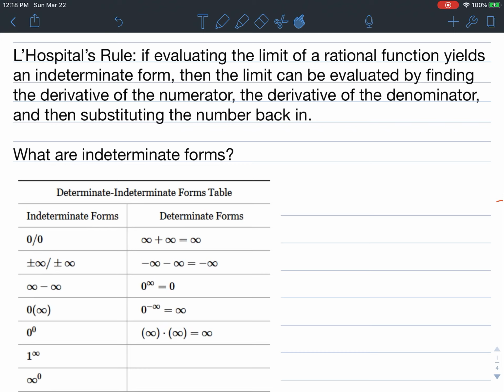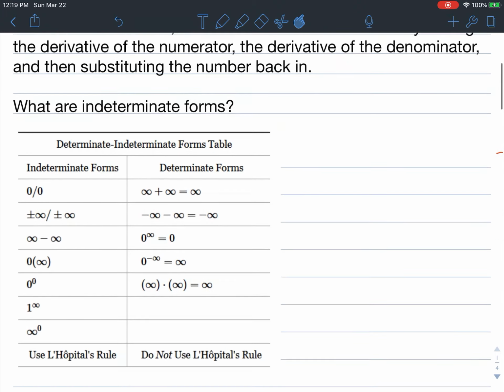And if you substitute the number back in and you still get 0 over 0, you can actually apply L'Hopital's rule again. You can take the derivative of the numerator, the derivative of the denominator, and substitute back in again. You can keep doing that until you get a number.